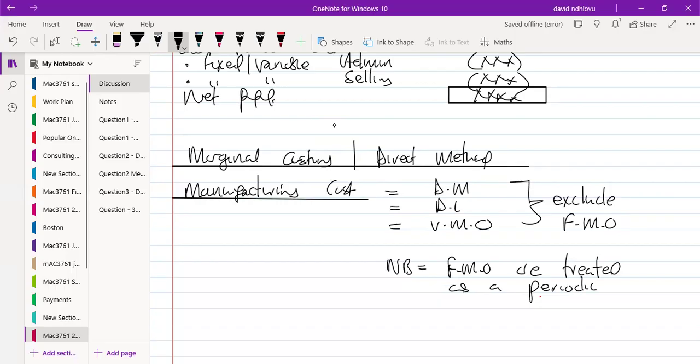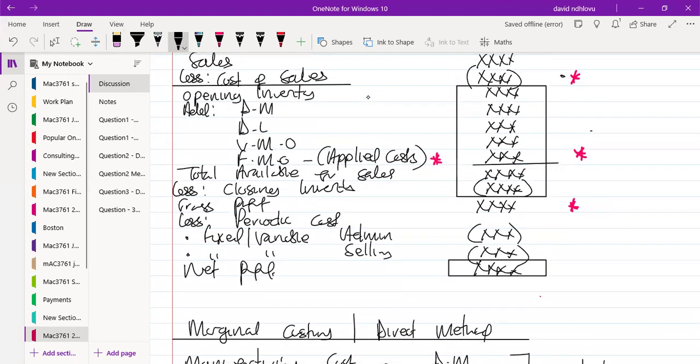What is a periodic cost? A periodic cost is not included in the cost of sales calculation, but is written off after the gross profit. So it is something that you only take into account after you have already calculated gross profit. That's why here you see that our periodic cost were included after the gross profit.